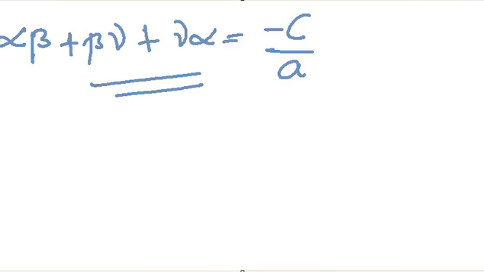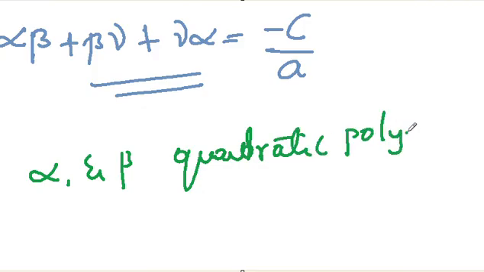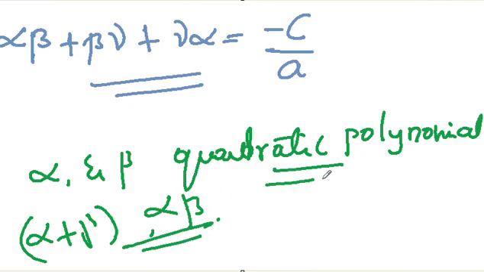Okay. So next, if you know this relationship between the sum of the zeros and product of the zeros, if you know the values or roots of the equation, that is alpha and beta values in a quadratic polynomial, as well as if you find alpha plus beta and alpha into beta, if you find these two, we can easily construct a quadratic polynomial using the formula.